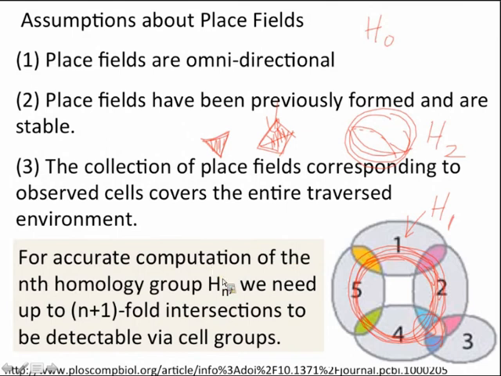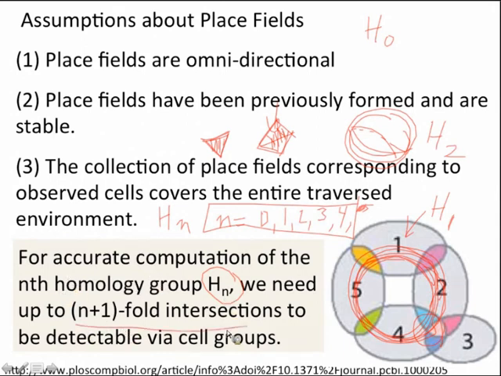And so they actually calculated HN. They calculated HN for n equal to 0, 1, 2, 3, 4, and they stopped there. So they calculated HN up to n equals 4. And if you want to calculate accurate homology, then you do need to be able to detect the n+1-fold intersection. So we do need to be able to fill in.